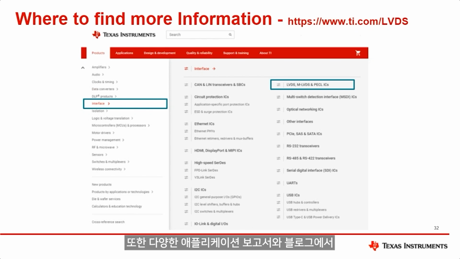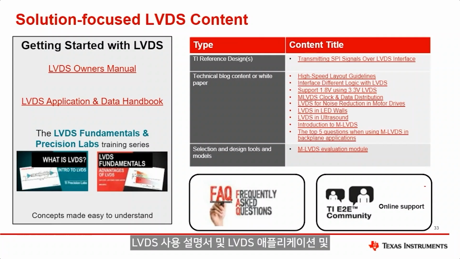It also has different application reports and blogs for more information. I've highlighted some here as well. The LVDS Owner's Manual and the LVDS Application and Data Handbook are great places to start to get more information, from the very basics of LVDS to detail on the design consideration side. We also have some great TI Precision Labs videos to learn more as well.